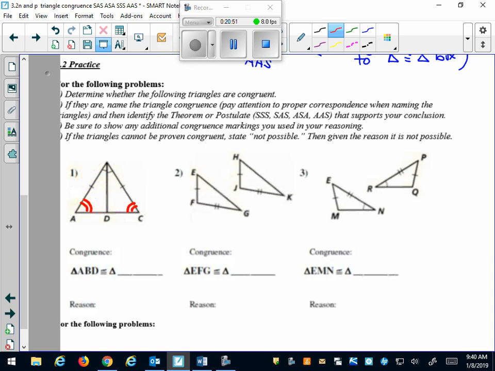All right, if we do that, it's not the one I was thinking of, but I like it. If we do that, then which theorem are we going to use?